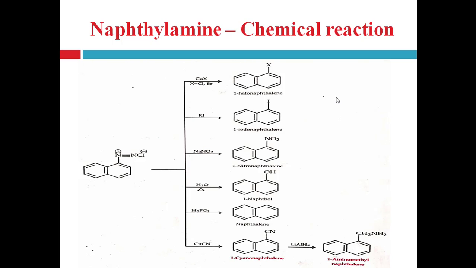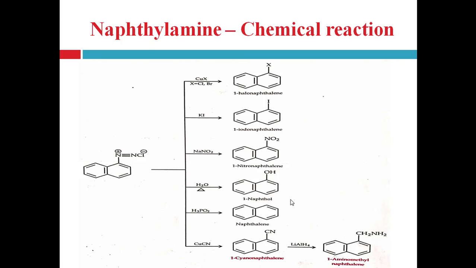Next, when naphthalene diazonium chloride is reacted with H3PO2, that is hypophosphorous acid, then it will produce naphthalene, that is the replacement of the diazonium chloride group with a hydrogen atom. Simply, the whole diazonium chloride group is replaced with a hydrogen atom. That's why simply the naphthalene ring is produced.